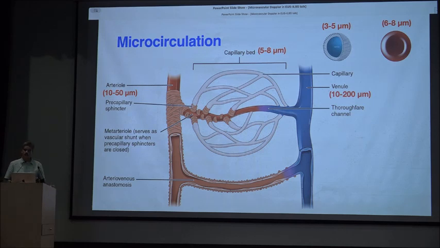So these arterioles will themselves branch 2 to 5 times, and they constitute the microcirculation, and they vary from 10 to 50 micrometer, are muscle covered or innervated, lead on to metarterioles. And then there are precapillary sphincters, which then lead on to the capillary bed, which do not have muscles, and which then go on to the venules.